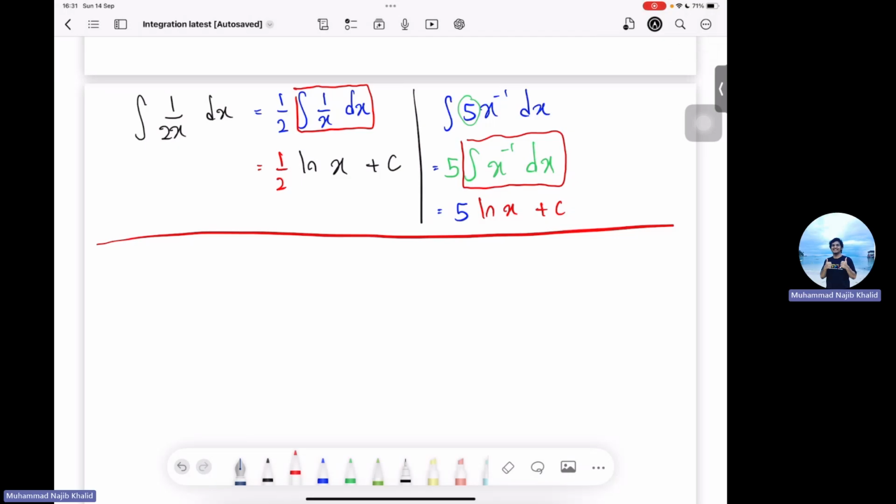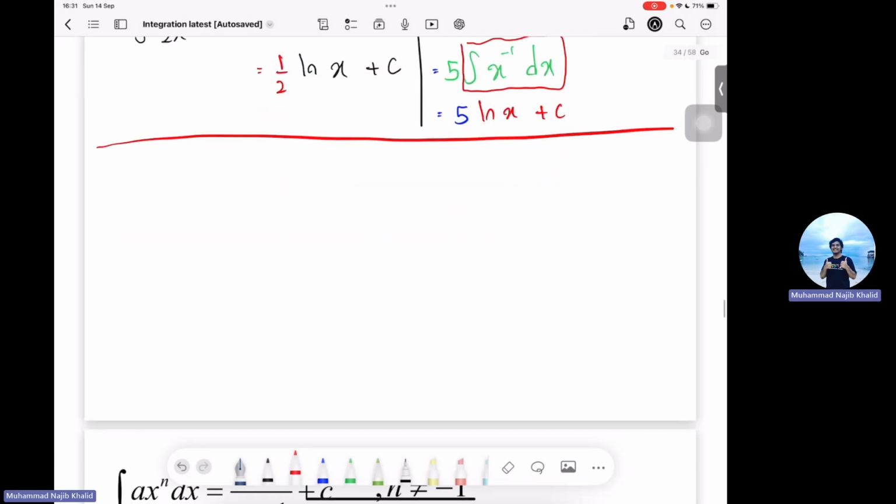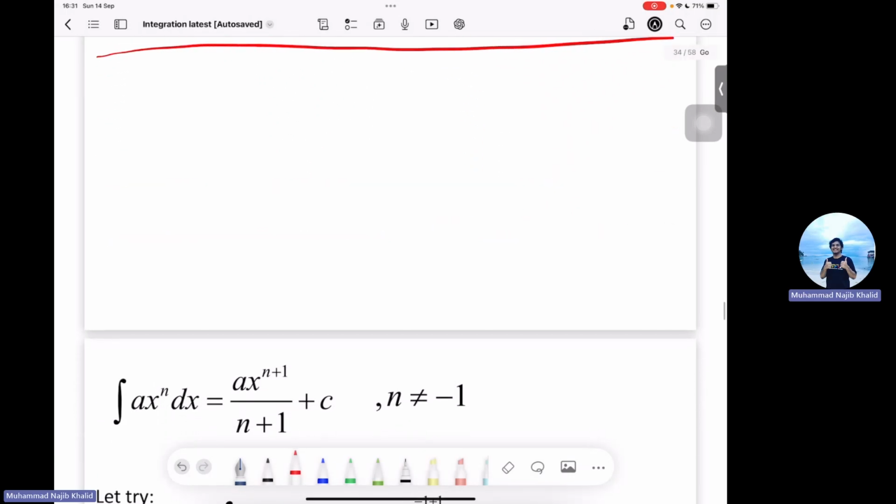In this topic we can also implement the method of substitution, just like we did in the last video for trigonometric and e functions. But this time I want you to try it yourself. I give you two questions.